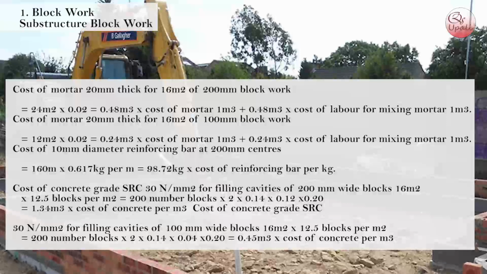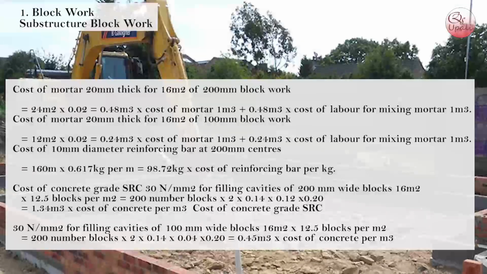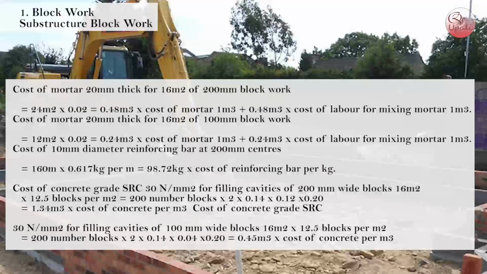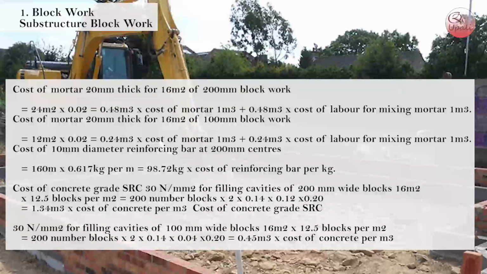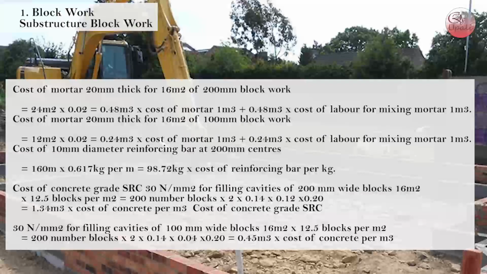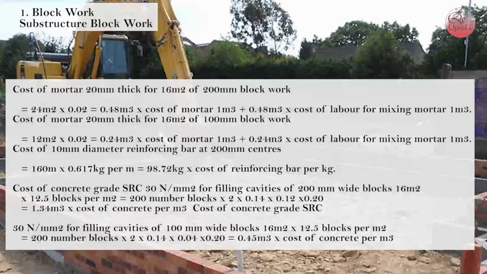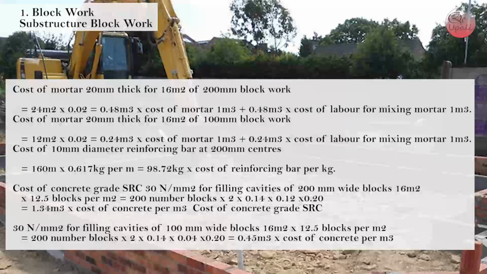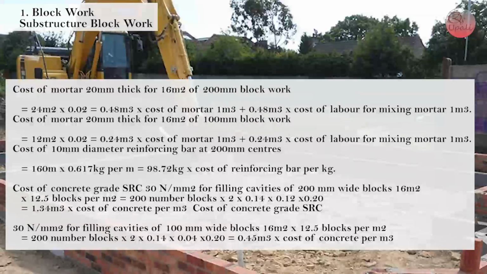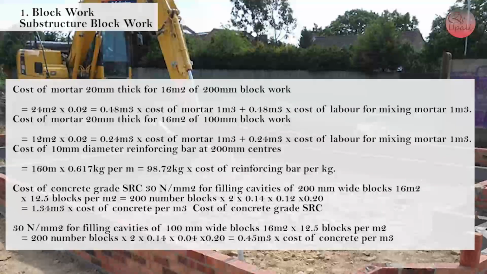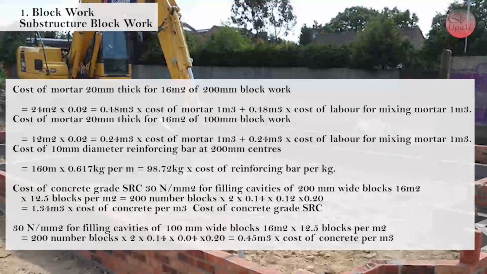Mortar 20 mm thick for 16 meter square of 200 mm block work equals 24 meter square into 0.02 equals 0.48 meter cube into cost of mortar 1 cubic meter plus 0.48 meter cube into cost of labor for mixing mortar 1 cubic meter.